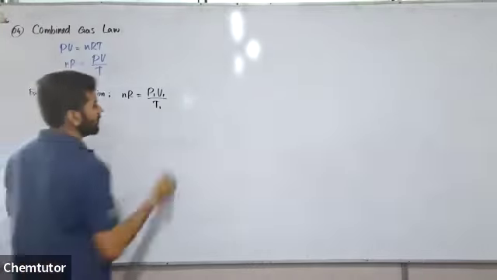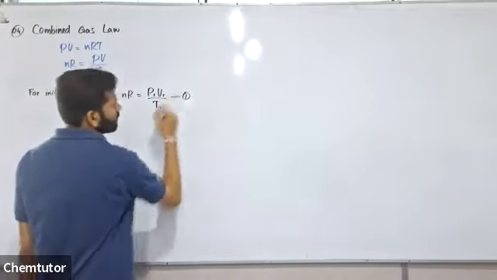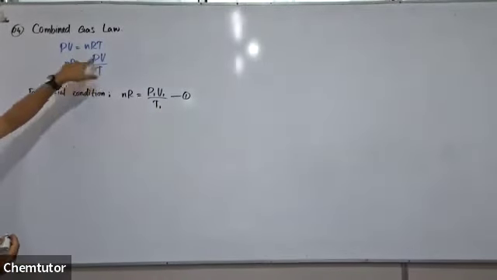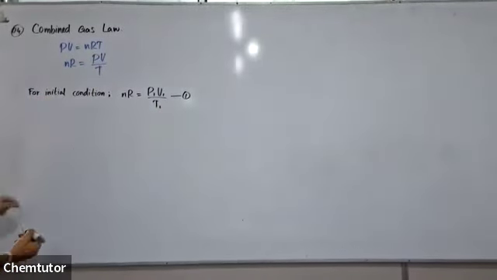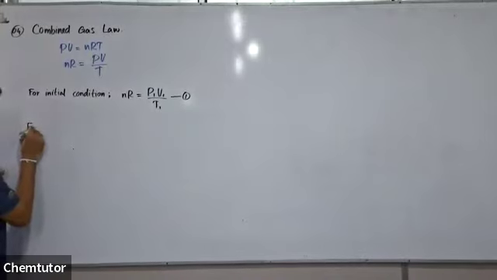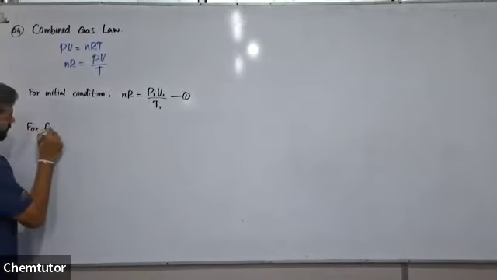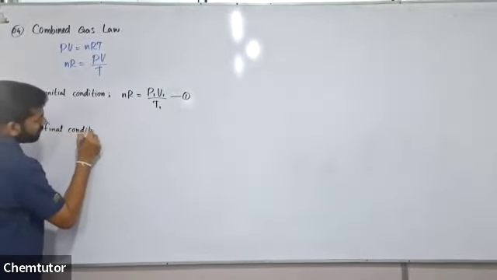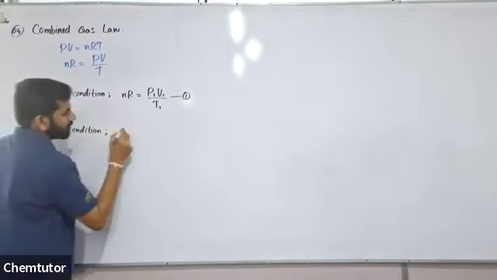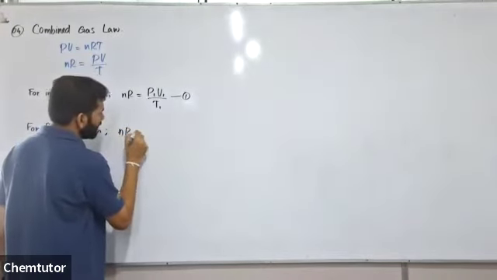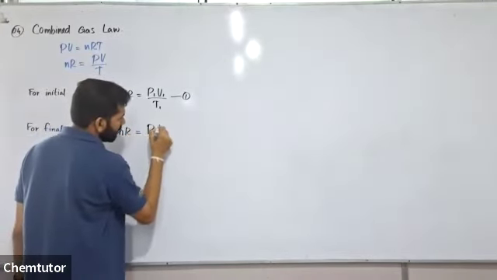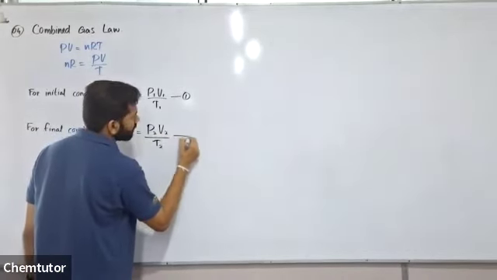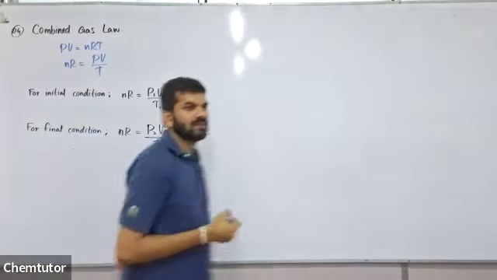Then for the final condition, again we can make nR the subject, that will be P2 V2 over T2. That's the second case.